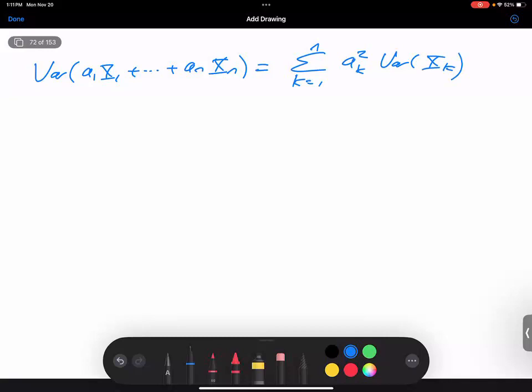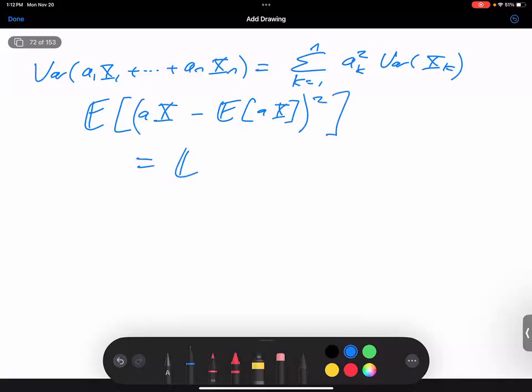And if you think about what's going on for the variances, we're integrating, it'll be like the expected value of, say, ax minus the expected value of ax, whole thing squared.